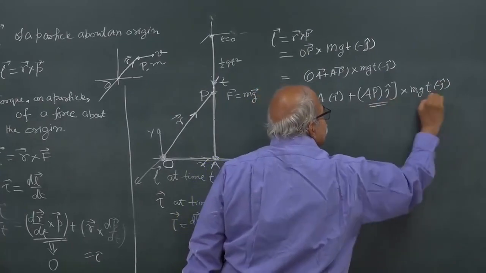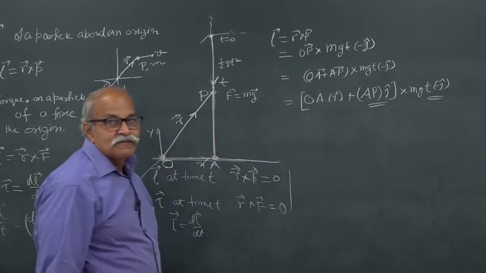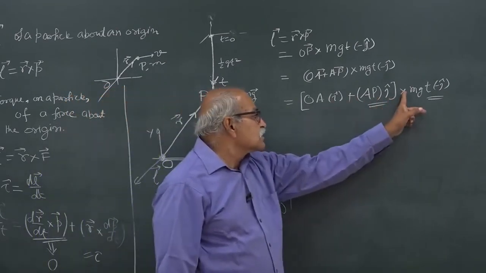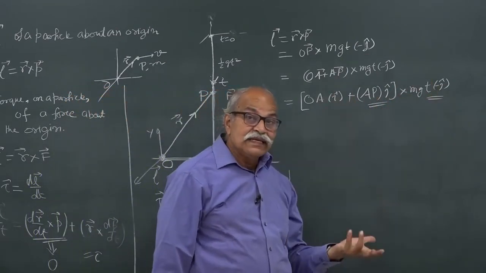So, j cap cross j cap is 0, but i cap cross j cap is not 0, it is k cap.